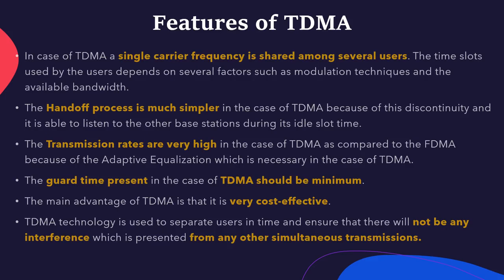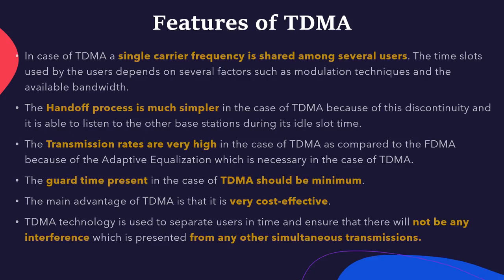Even if the user wants to communicate at a higher data rate, it is not possible because each user is limited to the frequency allocated to it. That is not the case in TDMA. Each and every user in a TDMA system is free to use the entire bandwidth. So this is the reason for the high transmission rate in a TDMA system.